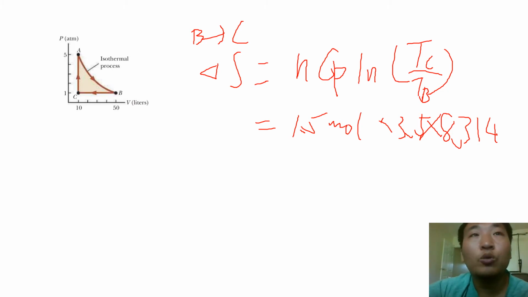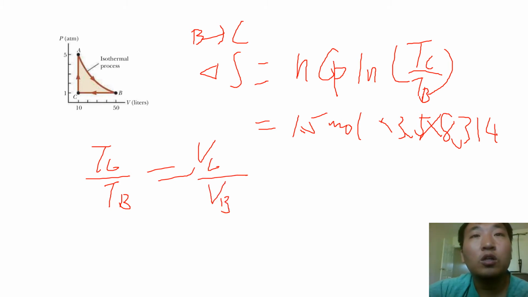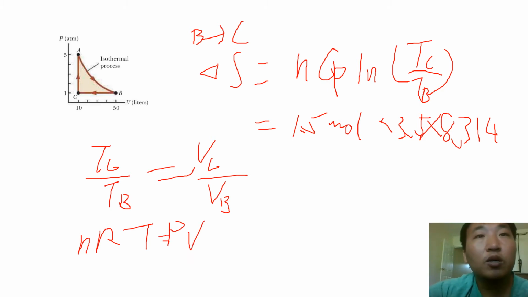So we can write Tc to Tb equal to Vc to Vb. It's also because of the ideal gas law, nRT equals PV. Because the P doesn't change, the change of temperature is equal to the change of the volume. So we can get the correlation relationship in here.